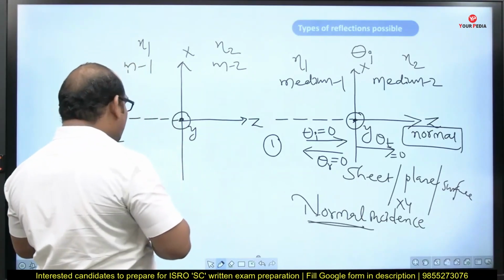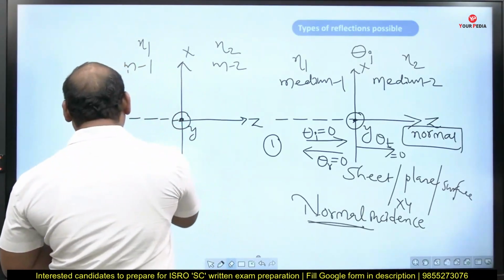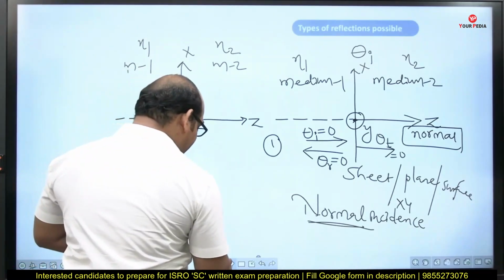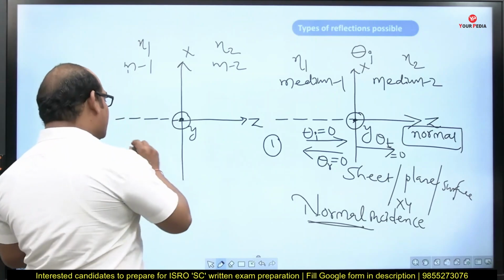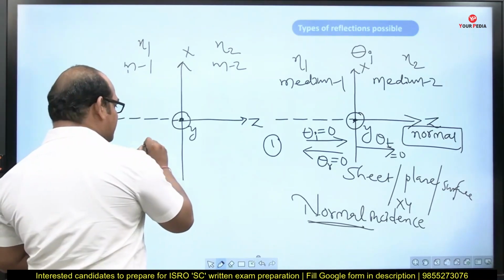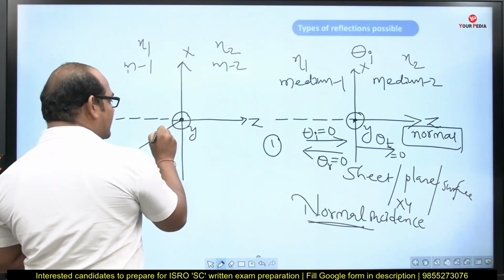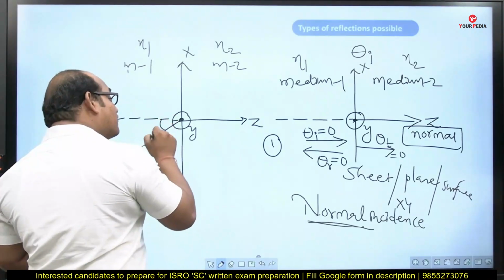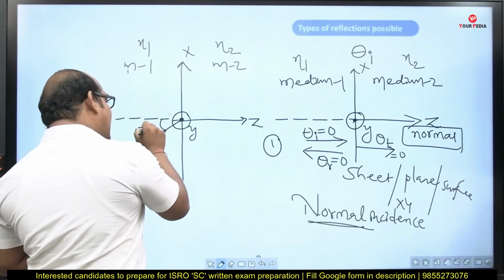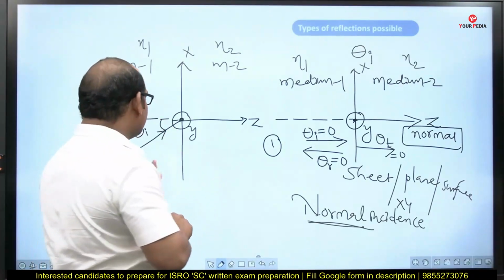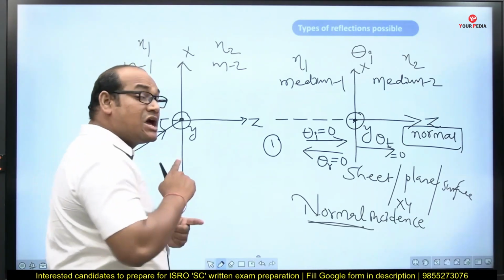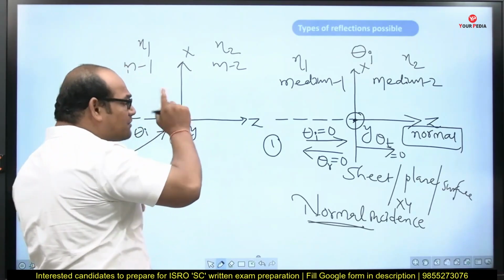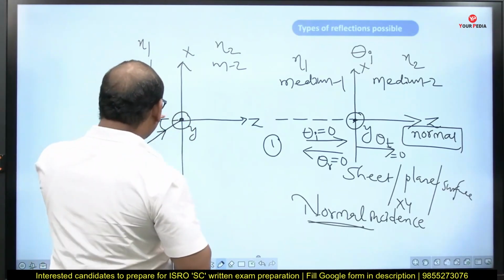But here, instead of sending the electromagnetic wave in such a way that it makes 0 degrees with the normal to the interface, we incident the wave such that it makes a certain non-zero angle of incidence theta I, not with the interface, but with the normal to the interface.